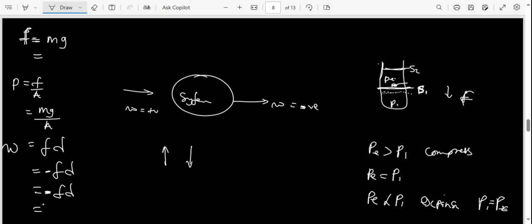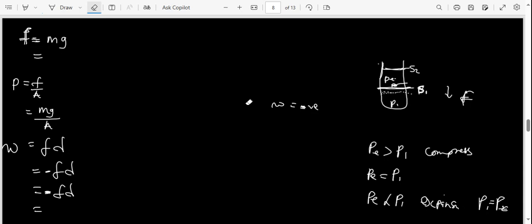So I want to do something interesting here. We are saying work is equal to negative force times distance. So I'll say negative force over A, times A. There's nothing I've changed here, times d.